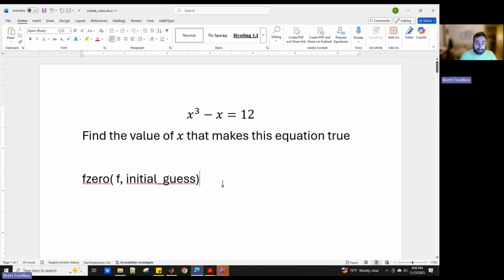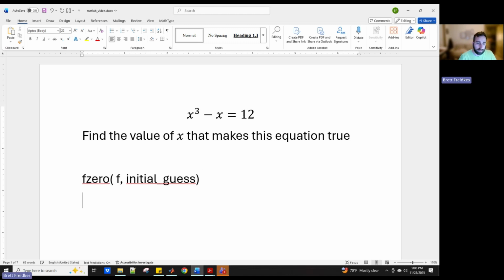Where this f will be defined anonymously. So given x cubed minus x is equal to 12, what is f? Is it x cubed minus x? Is it x cubed minus x equal to 12? Like, how do we actually type that? Well, the thing to note is that whenever we're doing any of these predefined functions in MATLAB that involve anonymous functions, we want everything equal to 0.